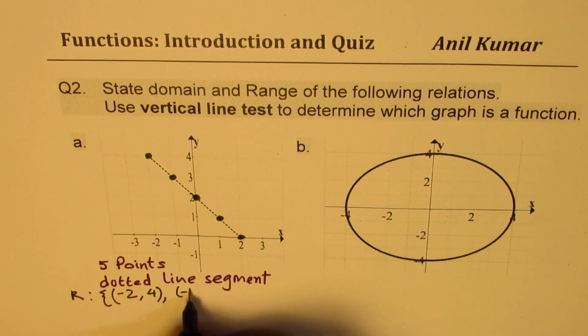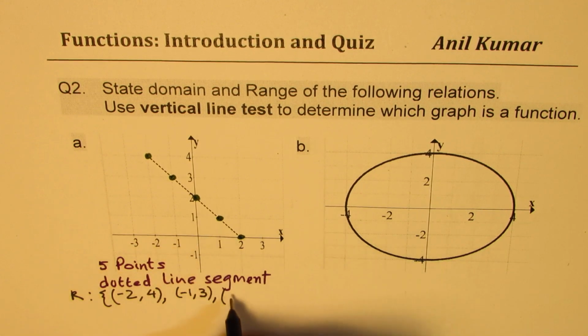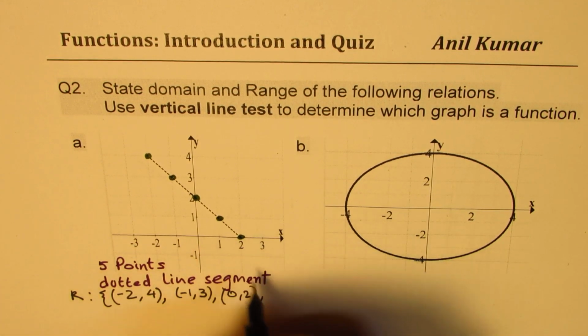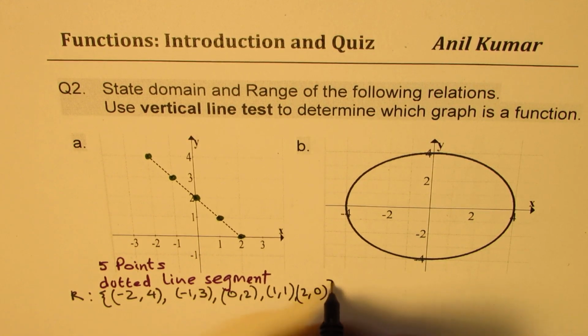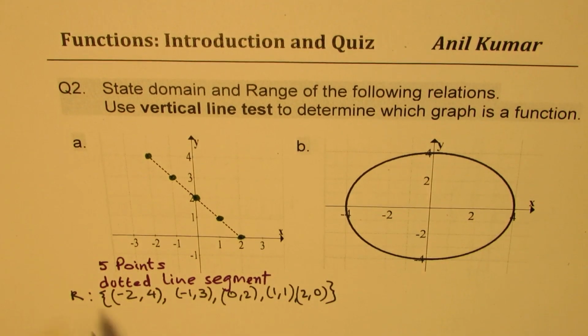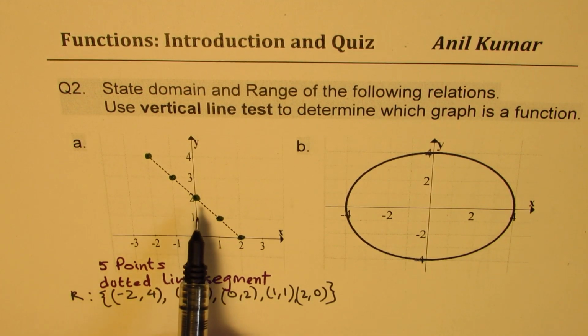Then we have -1, and the value corresponding is 3. At 0, it is 2. At 1, it is 1, and at 2, it is 0. Do you see that? So that is the kind of relation which I am showing you here.